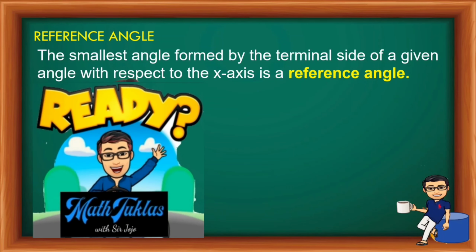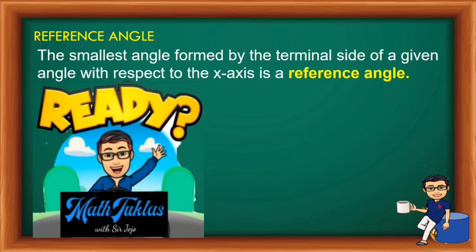And when we talk of reference angle, it is the smallest angle formed by the terminal side of a given angle with respect to the x-axis. Yun ang tinatawag nating reference angle.